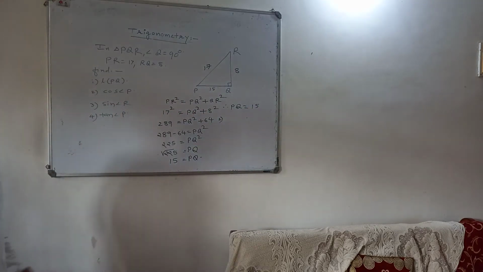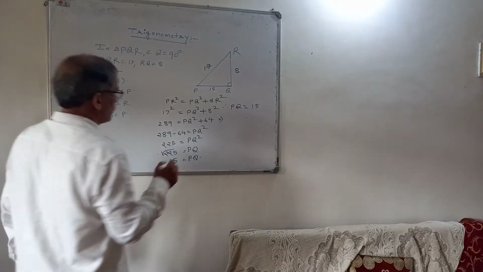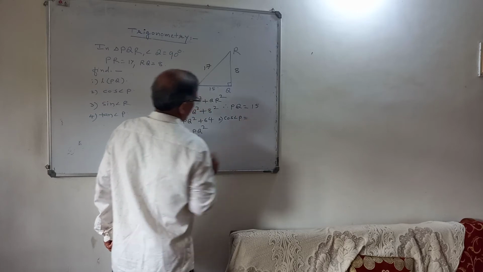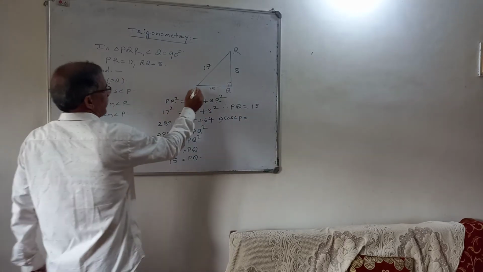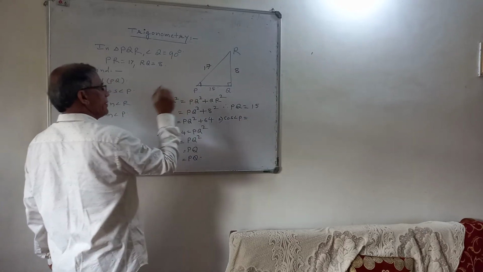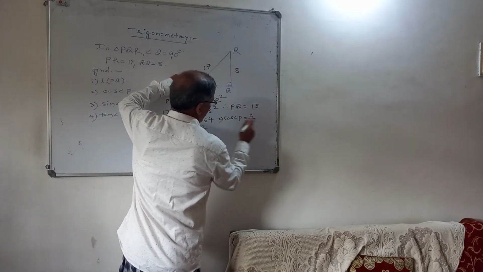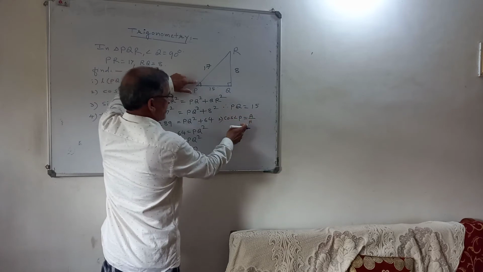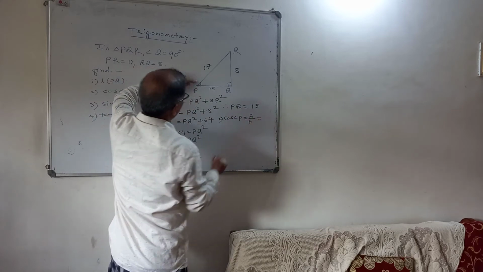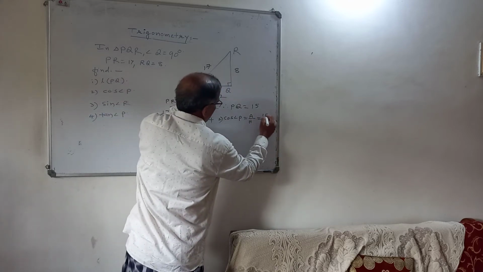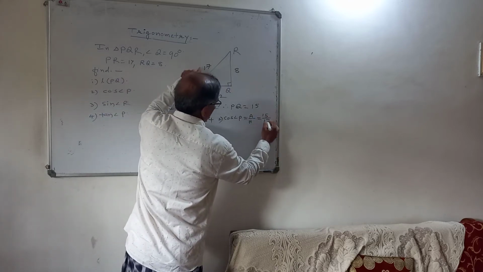Cos angle P. Now we can write all the ratios. Cos angle P. Now this is our P angle, you mark here. Cos means adjacent upon hypotenuse. A by H. Cos means A by H, adjacent by hypotenuse. And now you identify here which is adjacent, PQ. That is how much? 15 upon hypotenuse 17.